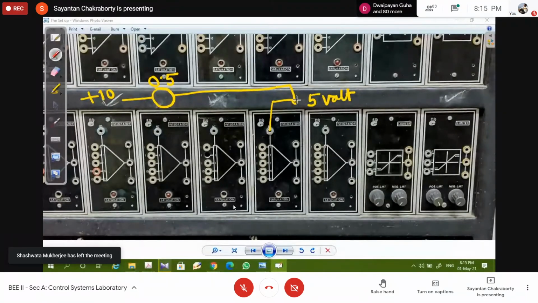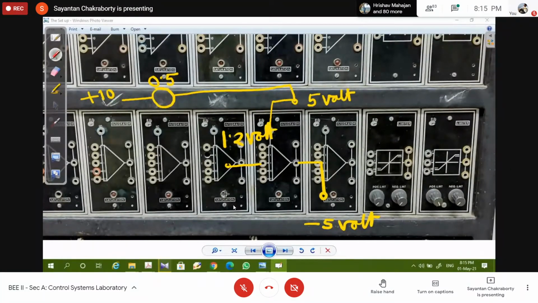So whenever I press the set button, what do you expect? You will expect the output of the integrator to move to minus 5 volt, right? And then at the input, say I have provided an input of 1.2 volt. So what will happen if I draw the timing diagram?